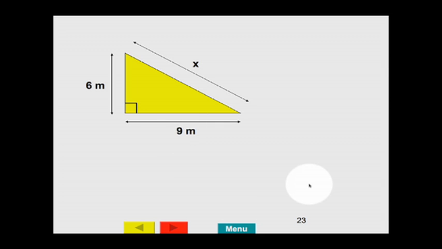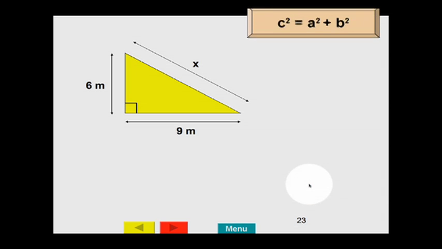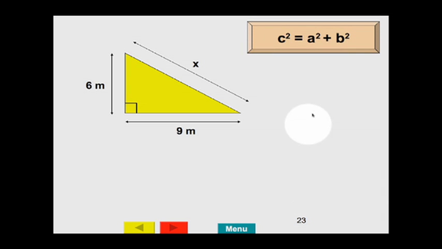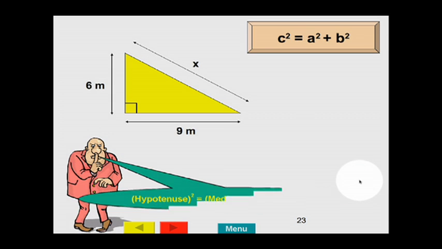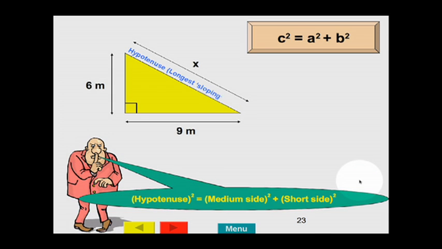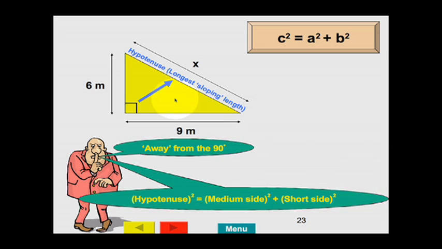Have a go at this one on your own. Okay. C squared equals A squared plus B squared. Even though that is X, that's an unknown side. Substitute your values in. I know the hypotenuse is the longest side in a right-angled triangle.